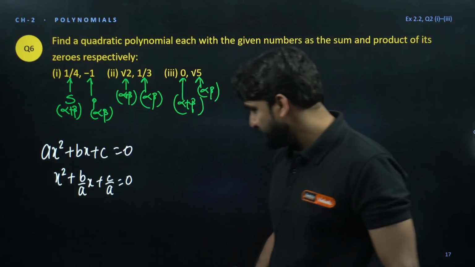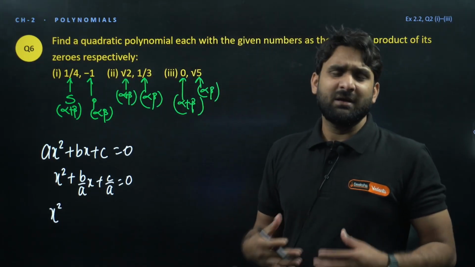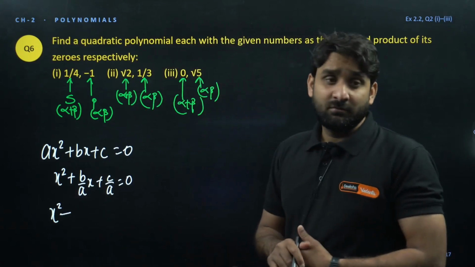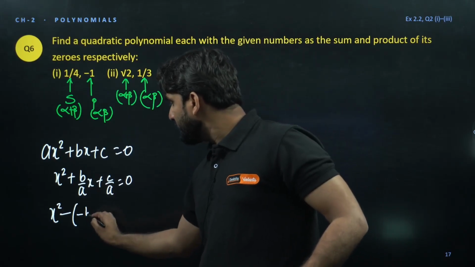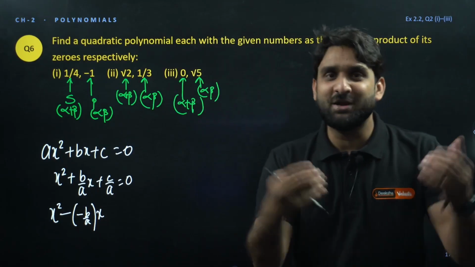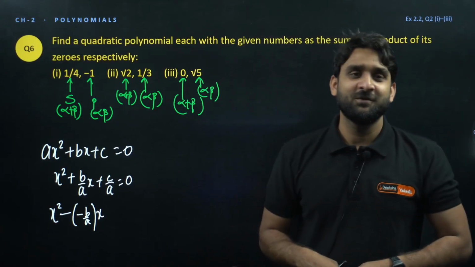Agree? Okay. Now, as per my own wish, I am writing here negative, this positive can be written as minus b by a, because minus will crash into each other and minus is positive also.